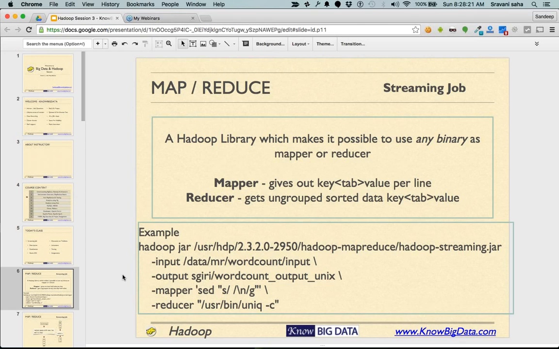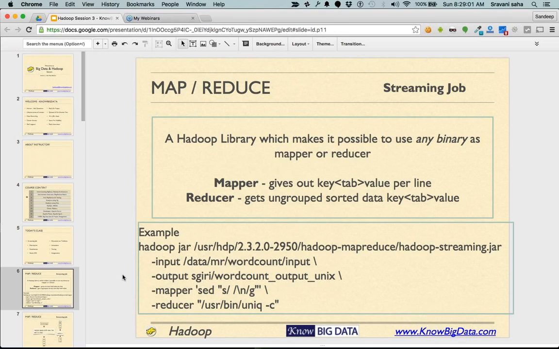If there is no tab, the whole line will be considered the key, and it will think that there is no value. If there are more tabs, everything after the first tab will be considered a single value. So you have to print to the screen in the form of key tab value. That is the first thing to note.